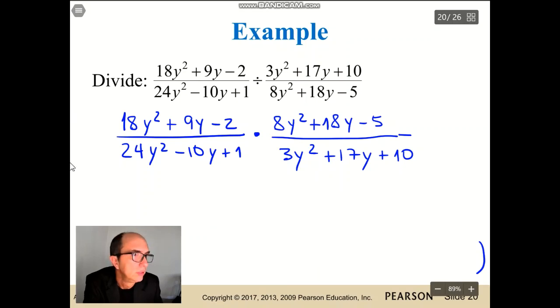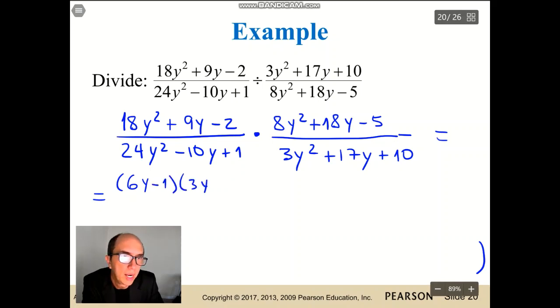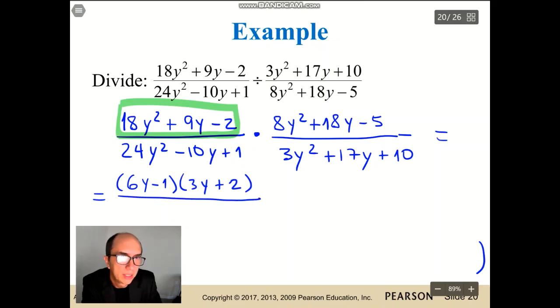Let's substitute. I have calculated the factors 6y minus 1 times 3y plus 2, which is equivalent to that expression over, and the equivalent for the denominator here is going to be 6y minus 1 times 4y minus 1.